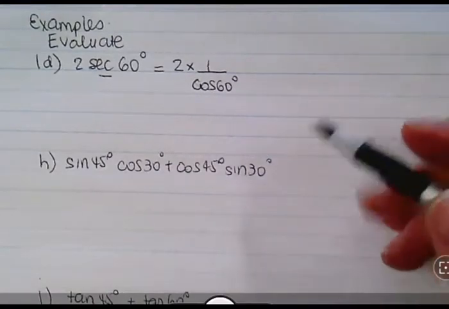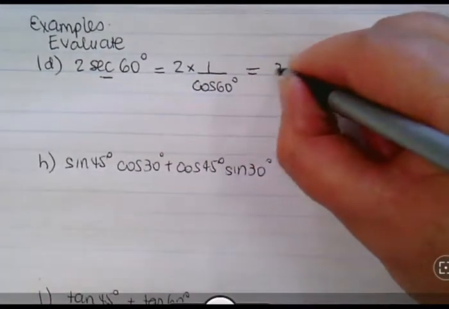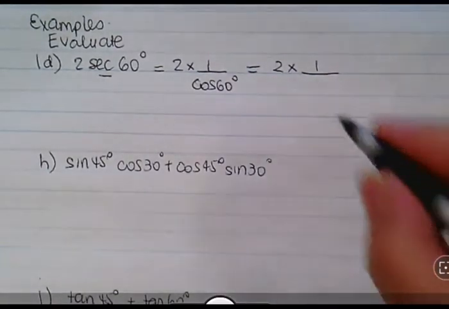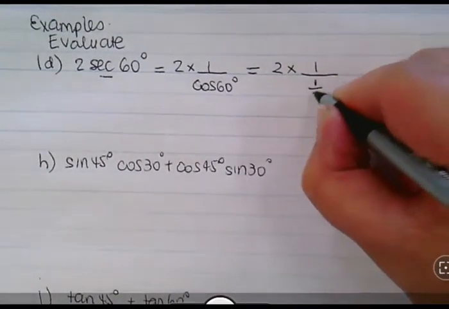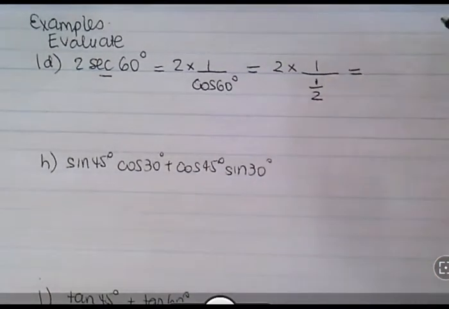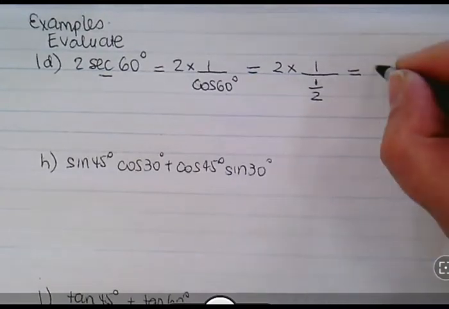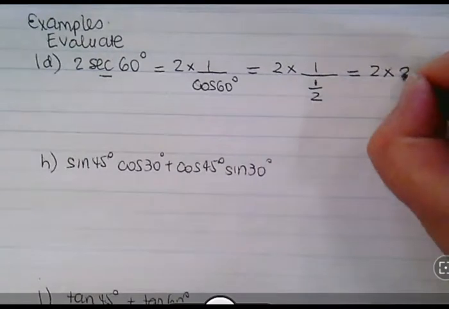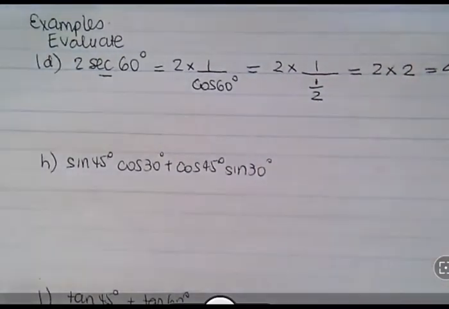It's the reciprocal of cos. So that is 2 times 1 over cos 60, and cos 60 is the same as sine 30. What's sine 30? A half. So it's 2 times 1 divided by a half. Now, 1 divided by a half is 2. So it's 2 times 2, which is 4.